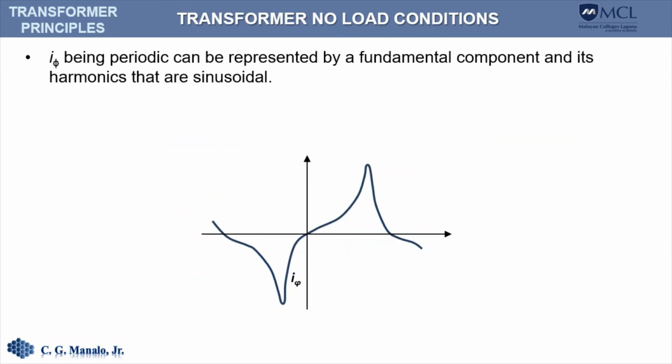The exciting current is non-sinusoidal but periodic, and because of that, it can be expanded in terms of a series of sinusoidal functions based on Fourier series. So that current can be represented by a fundamental component and its harmonics.